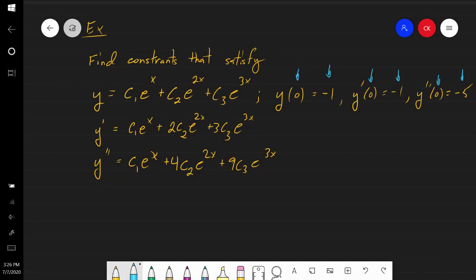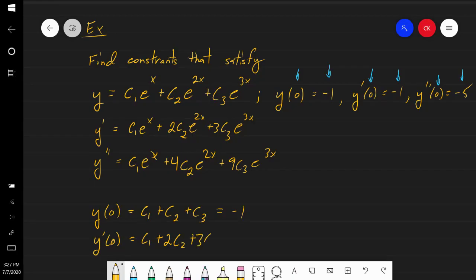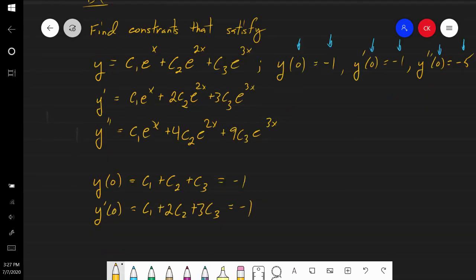So we set up those equations, and that means that y of 0 is equal to c1 plus c2 plus c3. And again, that's supposed to output -1. y prime of 0 is equal to c1 plus 2c2 plus 3c3, and that's supposed to output -1 as well.